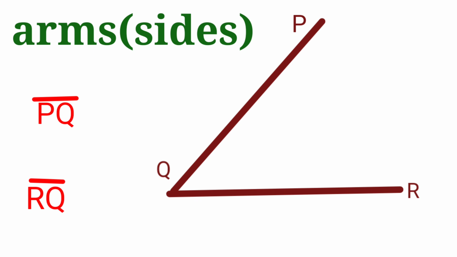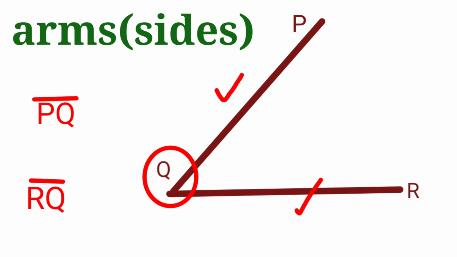Okay, these are the arms or sides of angle PQR. So we can say that an angle will have a vertex as well as two sides. So what is the vertex here? It is point Q. And what are the sides? They are line segments PQ and RQ. Okay, so that is all about vertex and sides of an angle.